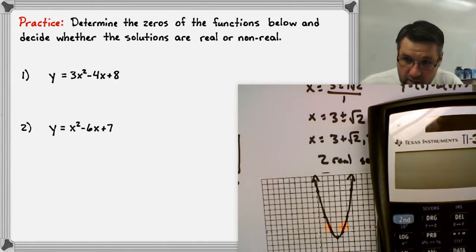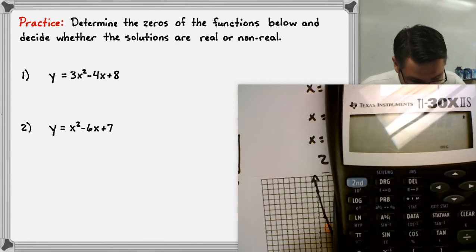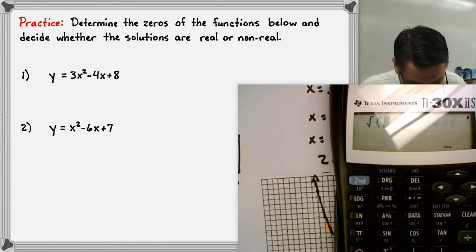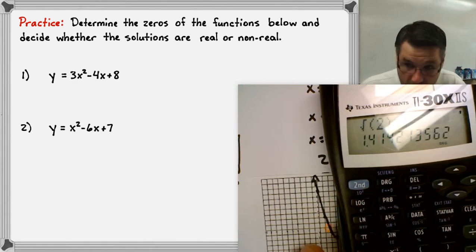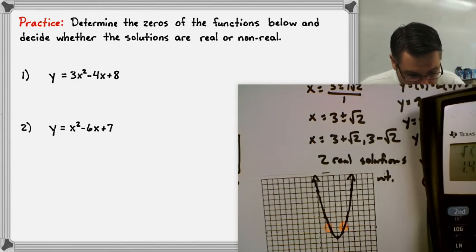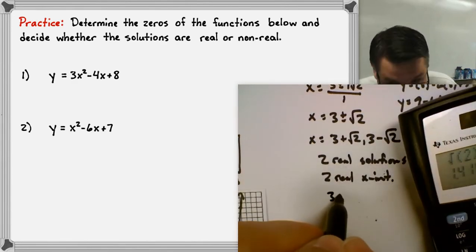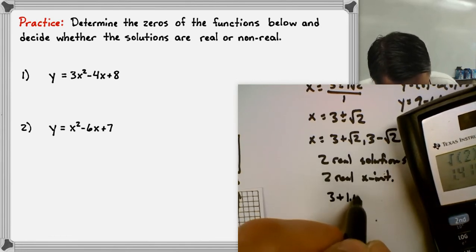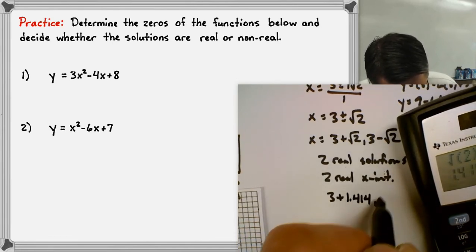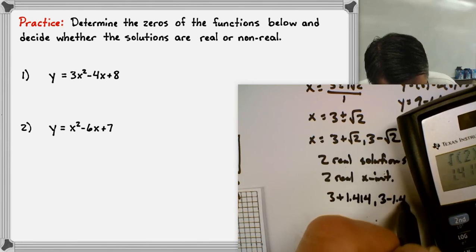So first of all, I'm going to do radical 2. So second radical 2, and hit enter. That's 1.414. So my answers then would be 3 plus 1.414 and 3 minus 1.414.